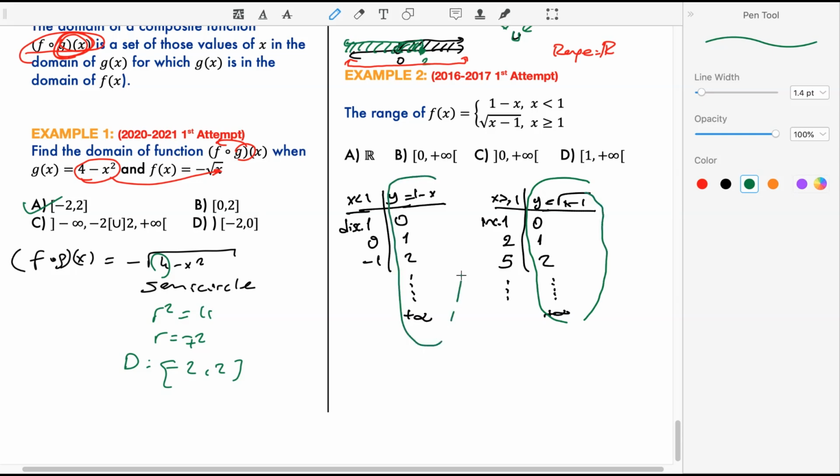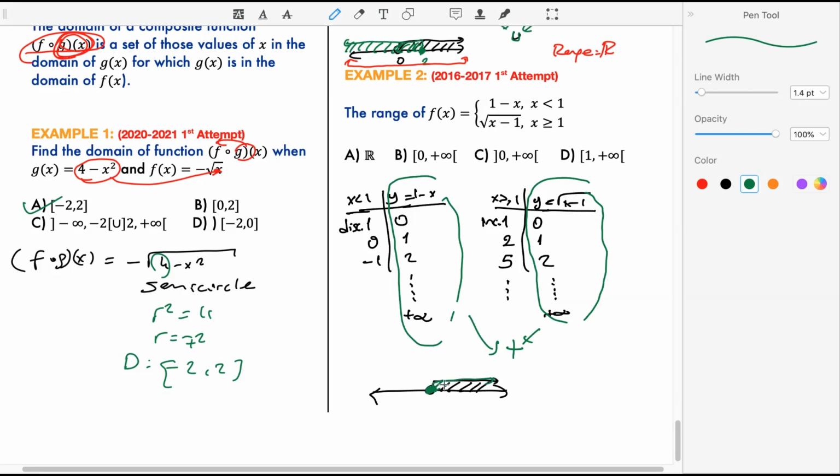So these are the y values for the second function. These are the y values for the first function. So you are going to combine them. So let's make a number line. Put them on the number line. For the first part, 0 excluded to positive infinity. Shade right side. For the second part, 0 to positive infinity. This time 0 is included.